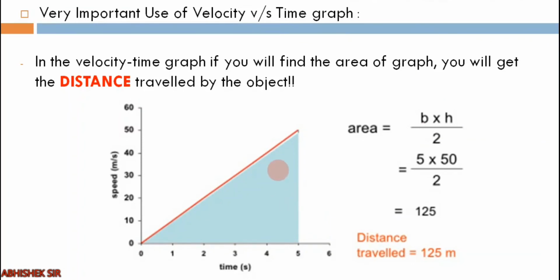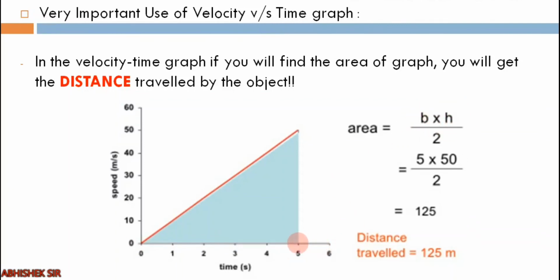Yes, the shape is a triangle. And we all know that the area of a triangle is half into base into height. Now let us see what the base is. Look carefully in the figure. The base measurement is from 0 to 5. Clear? Now what is the height?